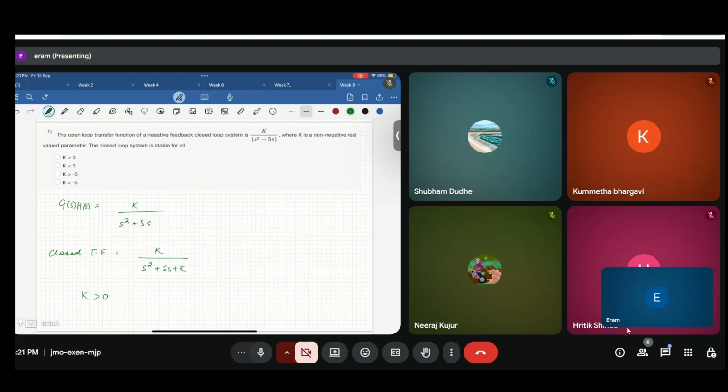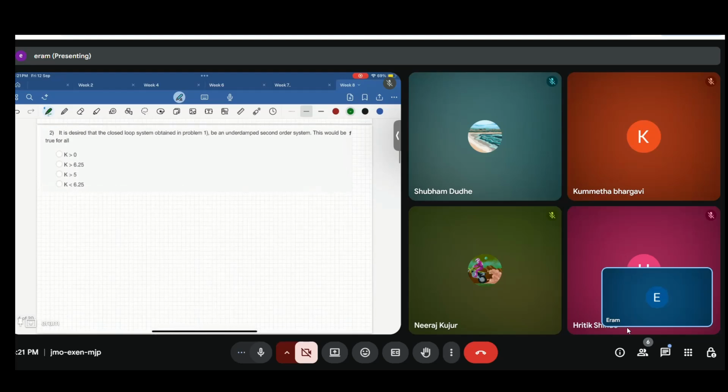Okay, so that's the easy one. And now again we want the closed loop poles to be such that the system is an underdamped second order system. Then what k should satisfy this condition? We want the system to behave like an underdamped second order system.